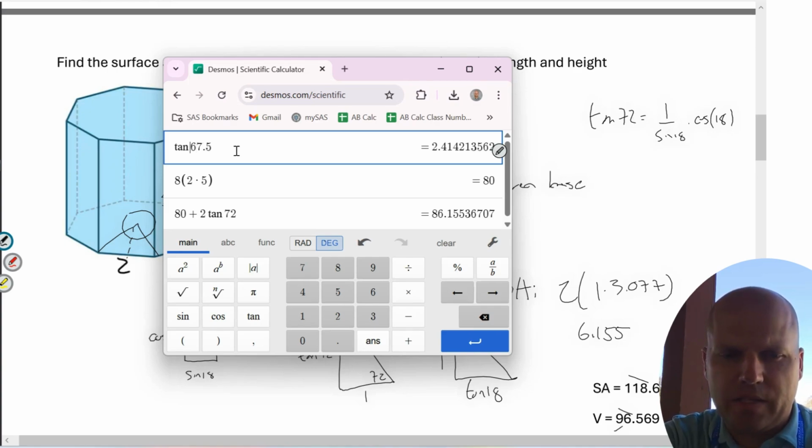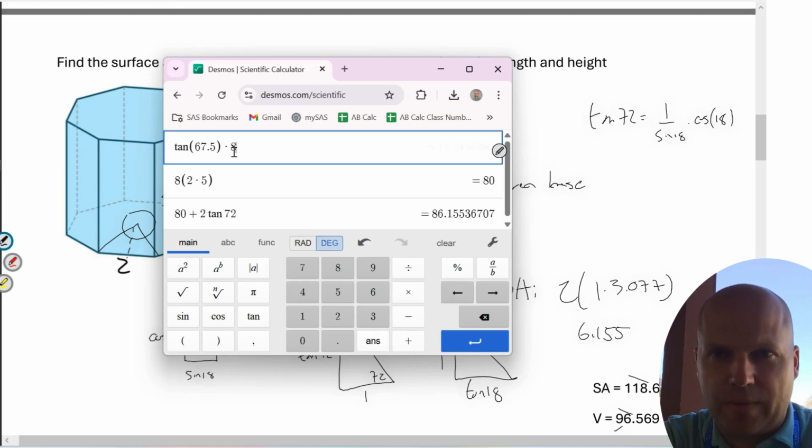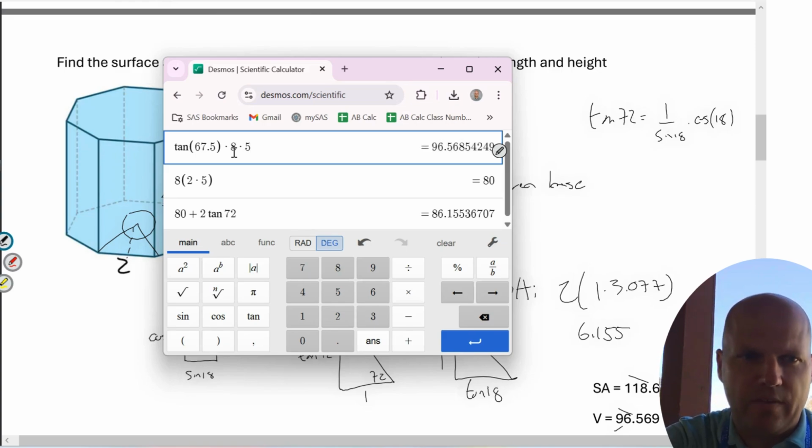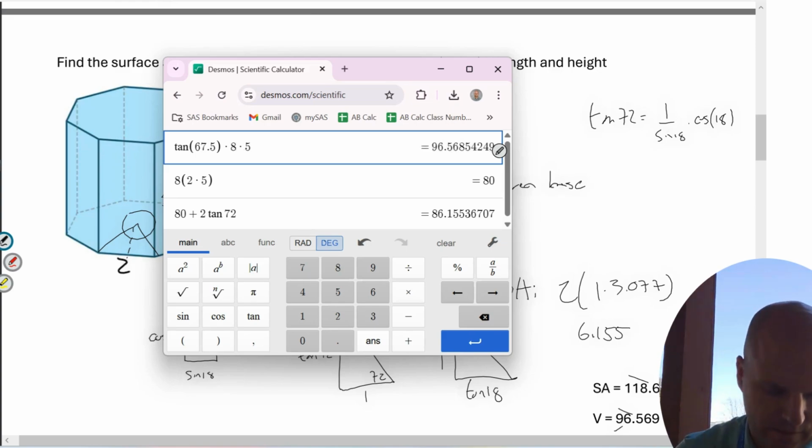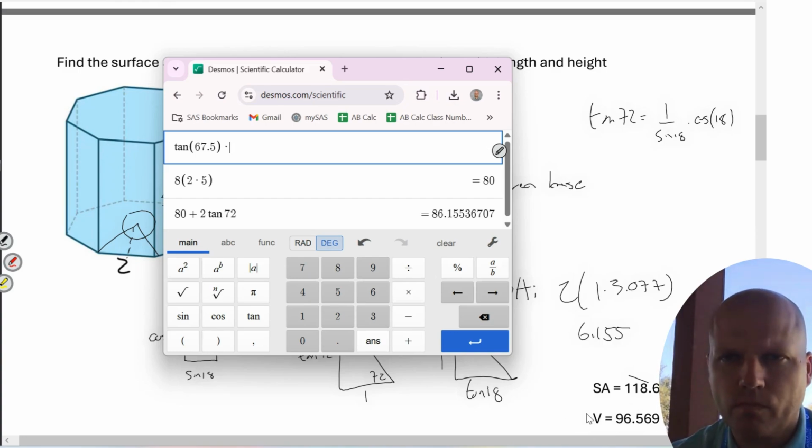Okay, that's the area of the base. That's the area of a triangle times 8 is the area of 8 triangles, times 5. There's the volume. That's correct. 2.414.